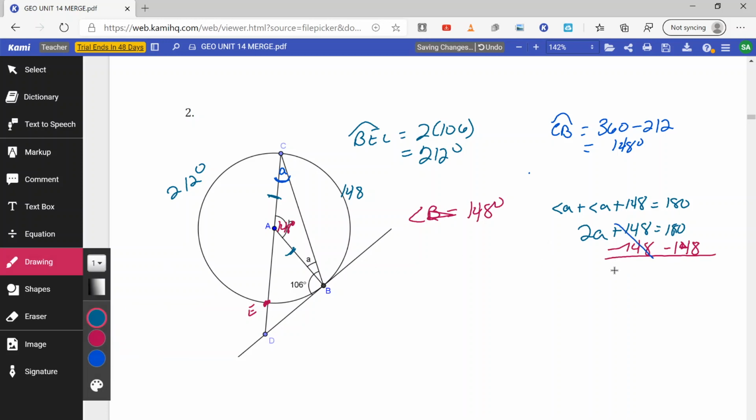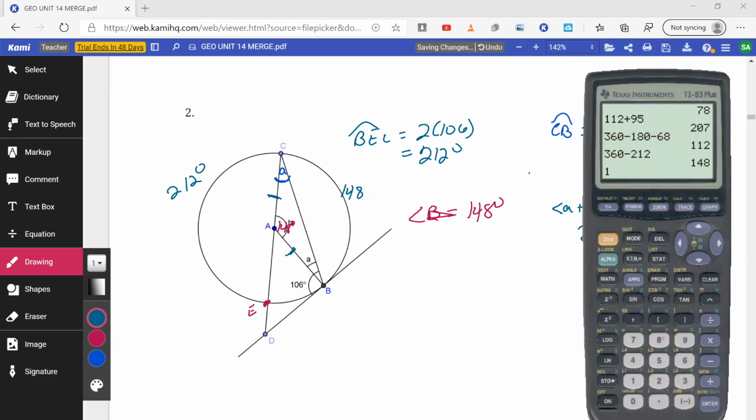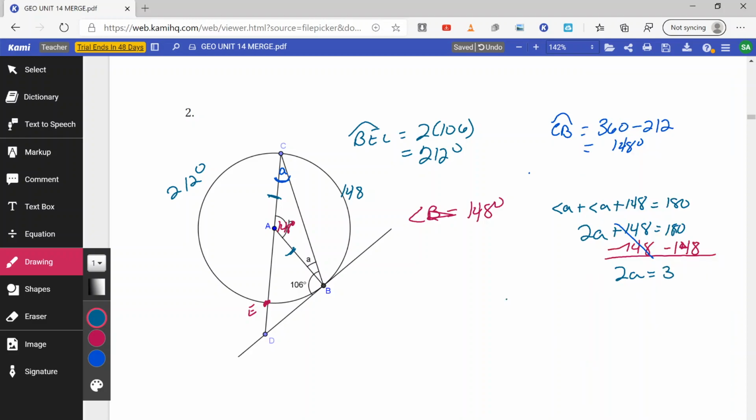So I get 2A equals 180 minus 148, and I get 32. Then we divide by 2, and we get A equals 16 degrees. And that's what we're looking for.